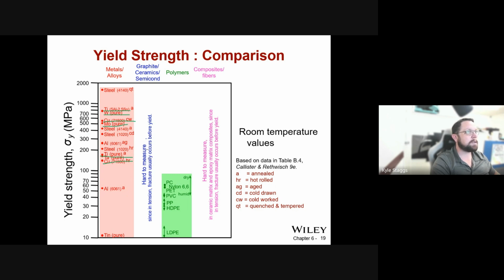We use chrome moly steel. 4140 or 4130 is a very common alloy for a lot of internal engine parts.